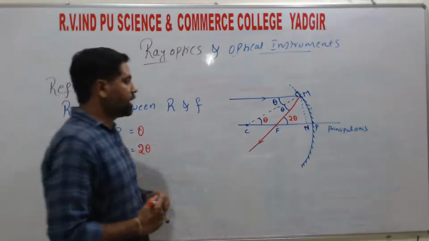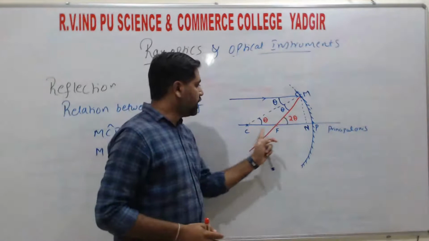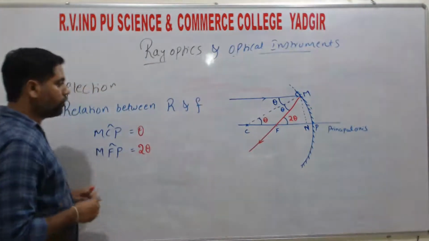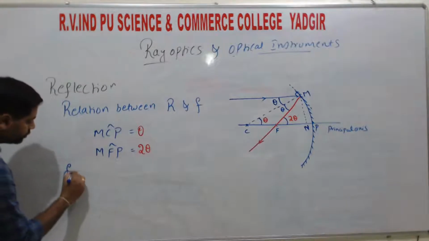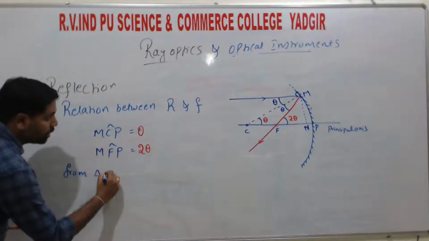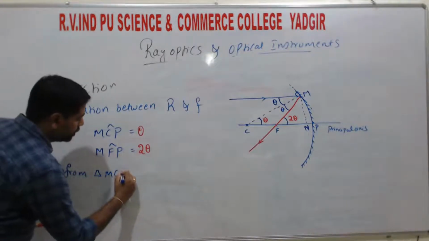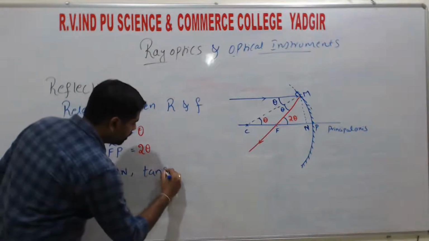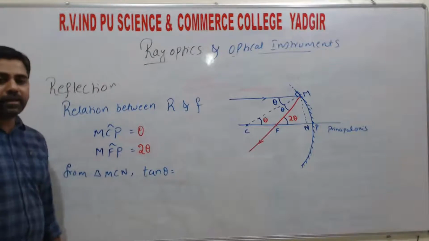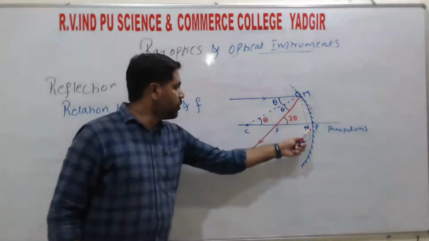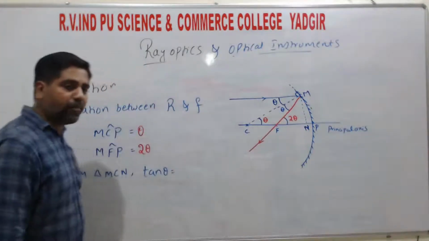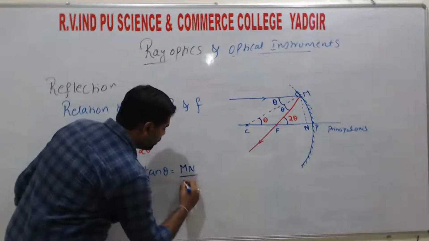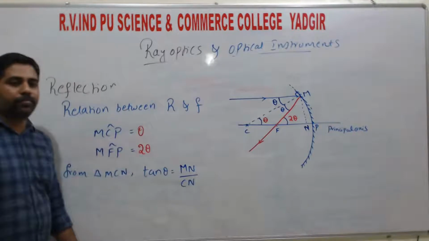Now considering the triangles MCN and MFN. Right? So from triangle MCN, we can write tan theta is equal to opposite side by adjacent side, that is MN divided by CN, right?